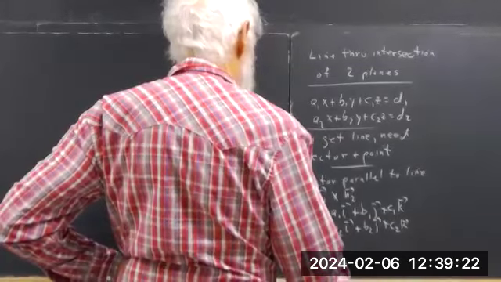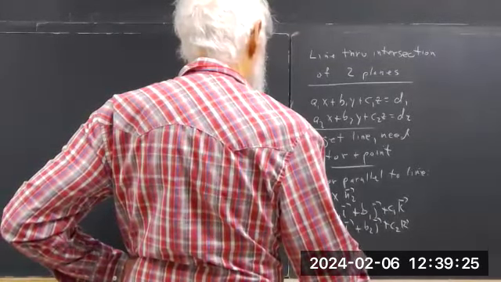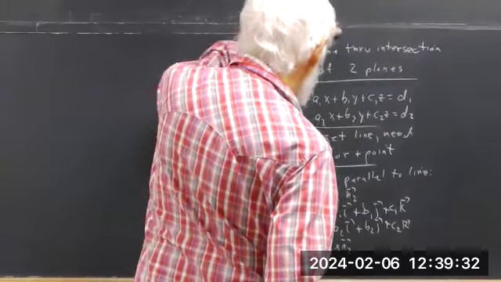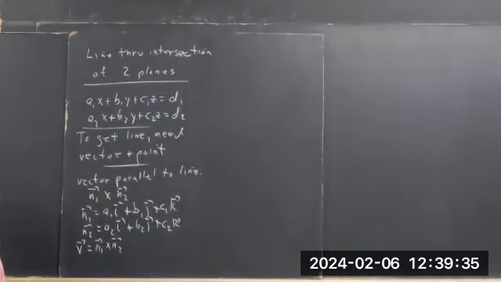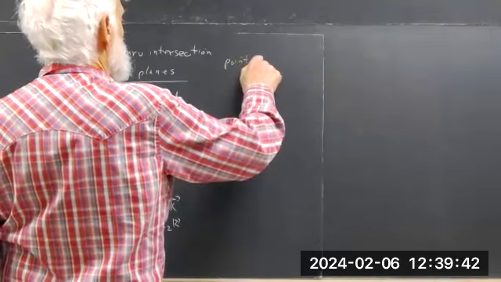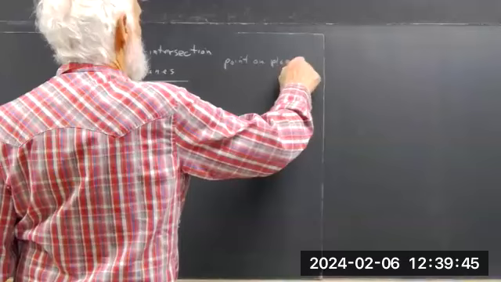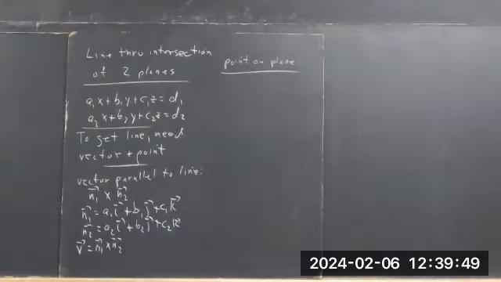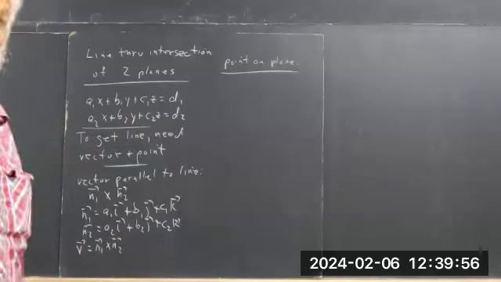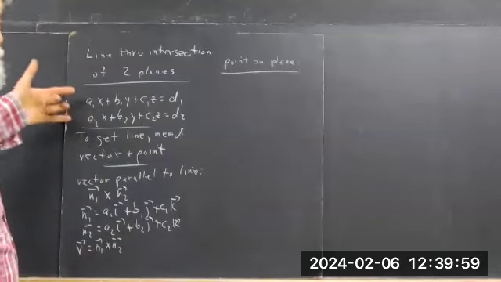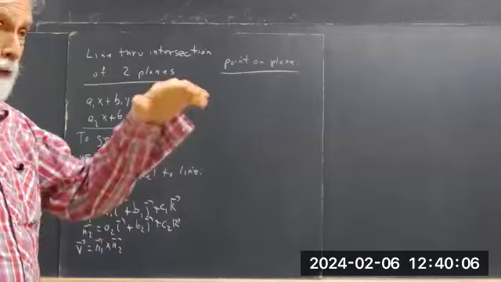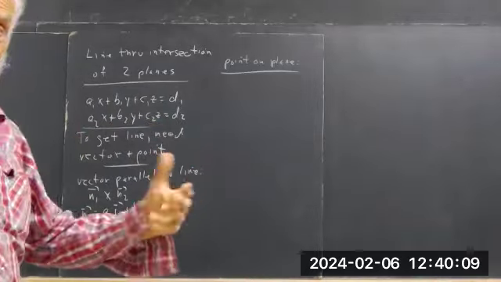Okay, now a point on the line. I don't really need to go to all the trouble of eliminating Z between these two, because unless one of the normal vectors is parallel to a coordinate plane, you're going to have all possible Z values on that line.